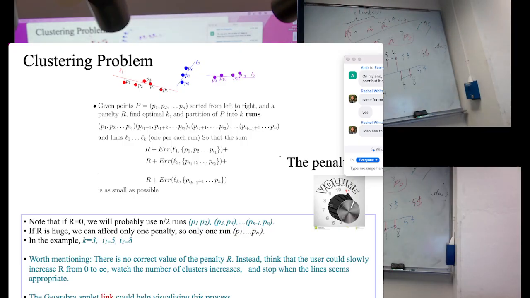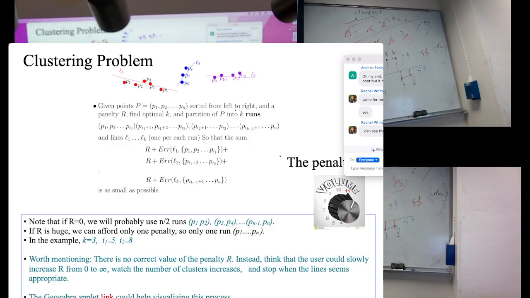So an optimal clustering will start at P1, always the first point, and will end at a number that the algorithm needs to find, which we'll call I1. I'll prepare this slide better for next week. Say P5 in this case. What is the penalty that I'm using just for this cluster?